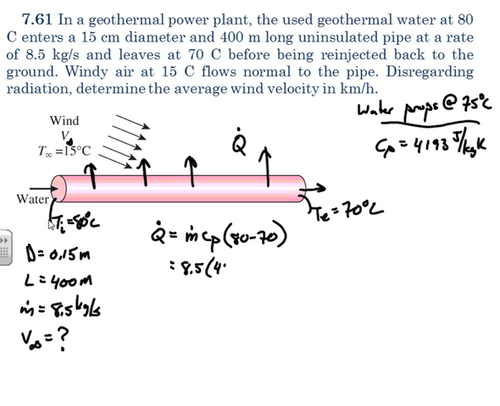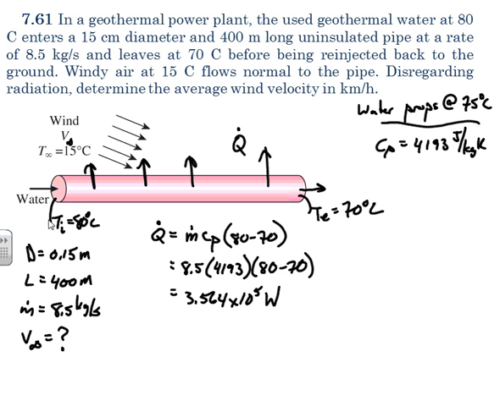So 4,193 times 80 minus 70. And now I have the heat transfer rate, Q dot, and that happens to be 3.564 times 10 to the 5 watts, right? So I know that I've lost that much energy in the water.